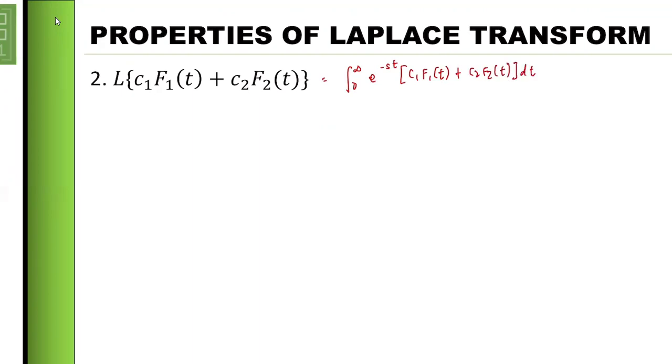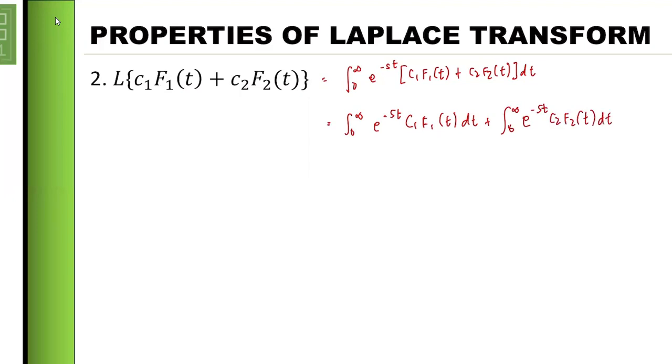Okay? And then, kung matanda natin sa integral, pwede natin siyang paghiwalayin na as sa two terms, no? So we have integral 0 to infinity, e negative st, yung first term natin is c1 f1 of t dt plus integral 0 to infinity na e negative st c2 f2 of t dt.